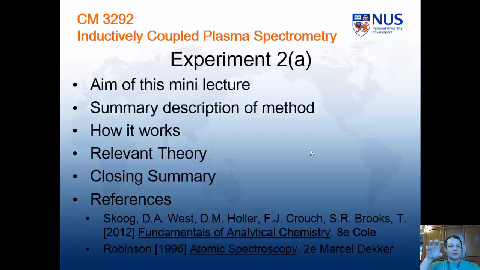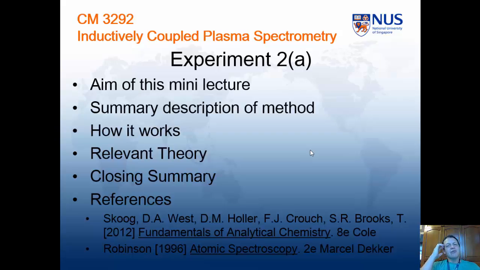I will pause for a moment on the references. The Skoog et al. Good solid analytical chemistry book, and I heartily recommend it. If you're more interested in atomic spectroscopy per se, I recommend the Robinson reference.